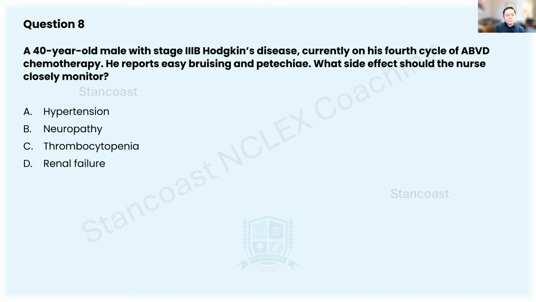Okay. We have 3B Hodgkin's, fourth cycle, bruising, petechiae. These are very important clues to our question. What side effect? Good, very good. Everyone got the correct answer, which is thrombocytopenia. Remember about the myelosuppression?